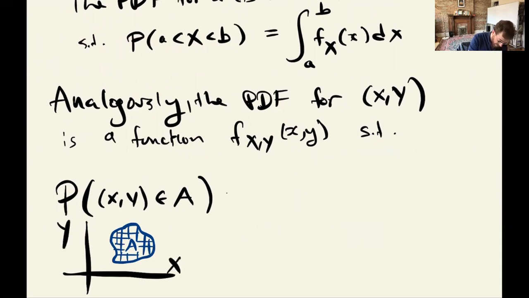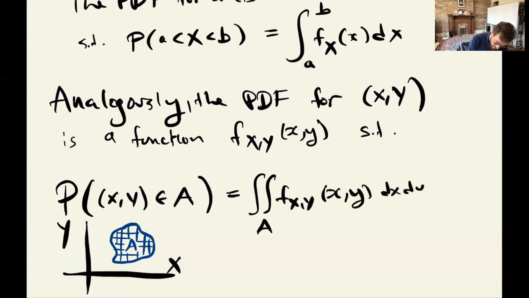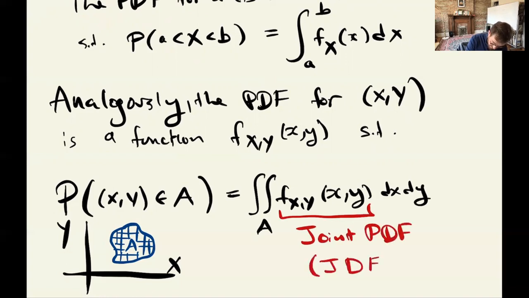If I want to know the probability that my pair of random variables lies in this region A, what I need to do is compute the double integral over A of the joint PDF of x and y. So this right here is the joint PDF, or maybe we'll call it JDF for short. All right, so we can go over some examples where this joint PDF is a little more complicated looking, but let's start with a really simple question, and we'll kind of ease into this.